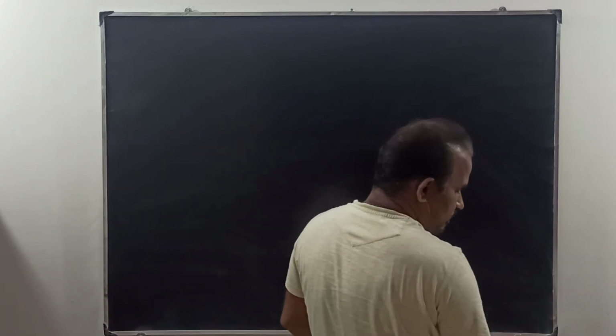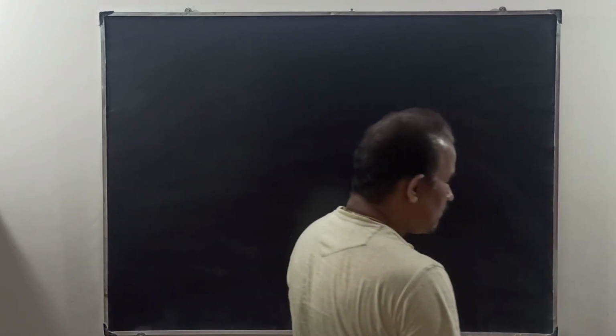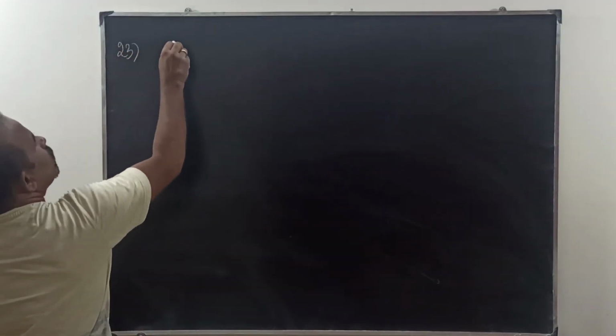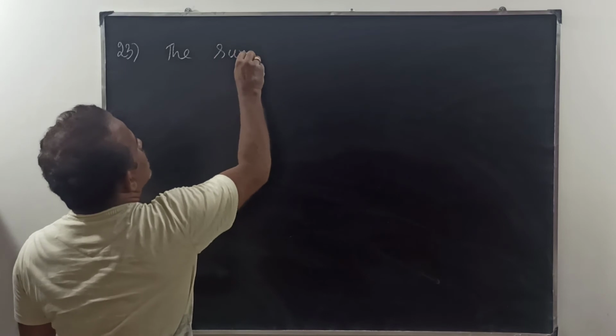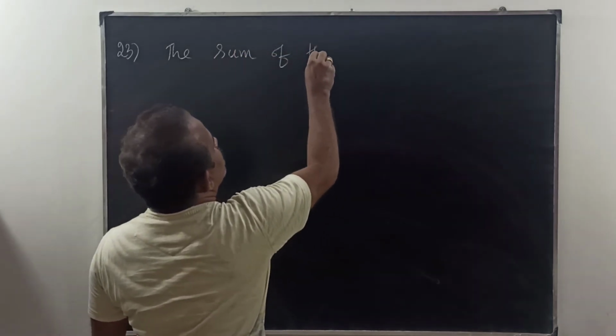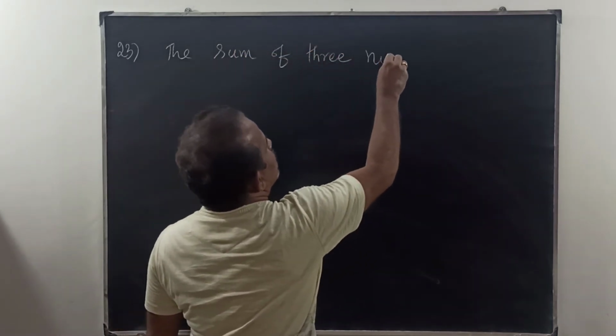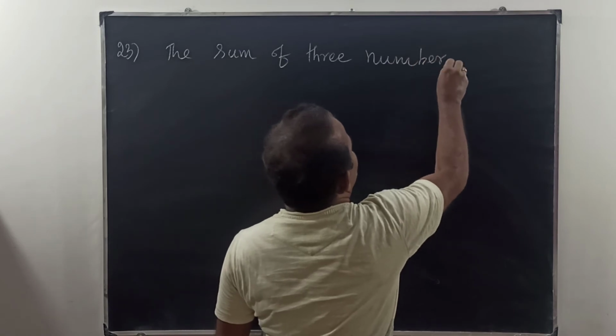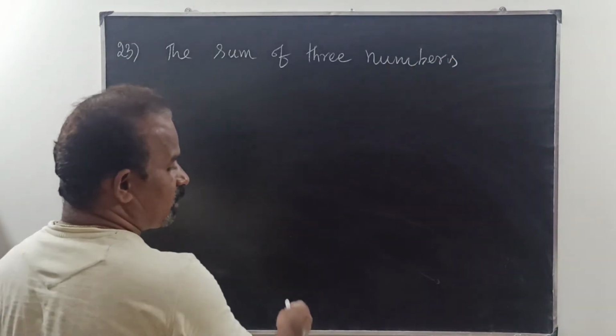Next question is, the sum of three numbers is 98.